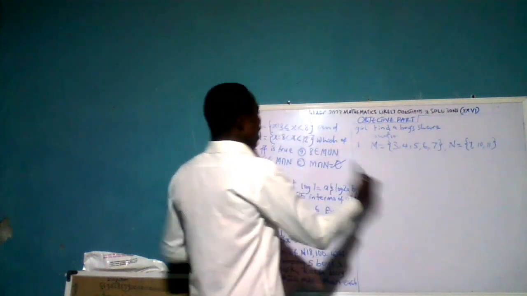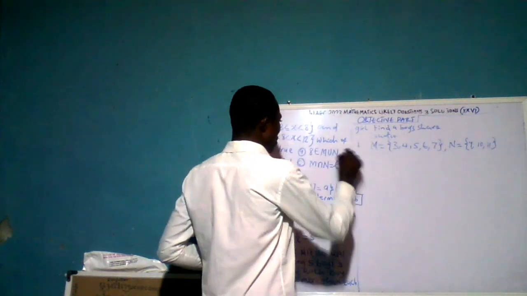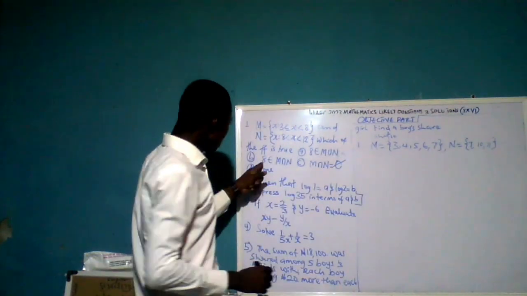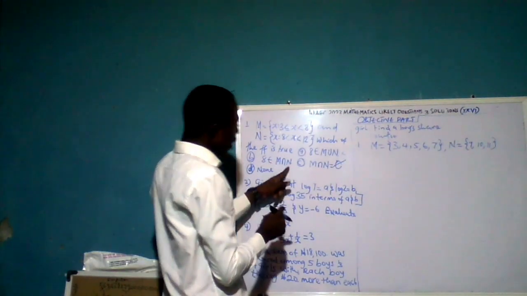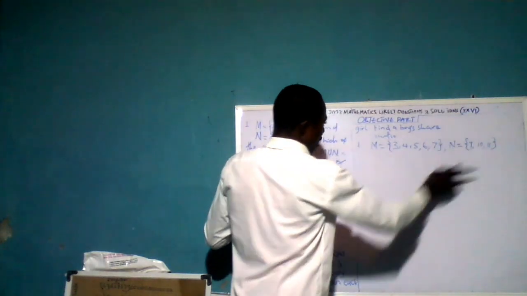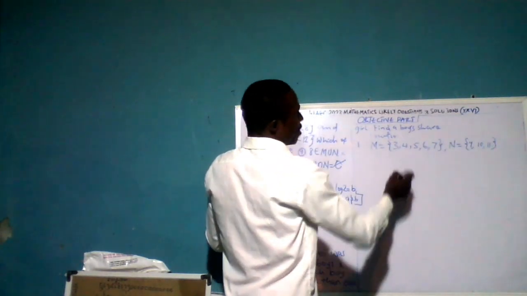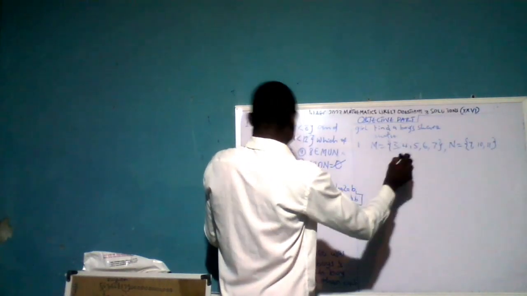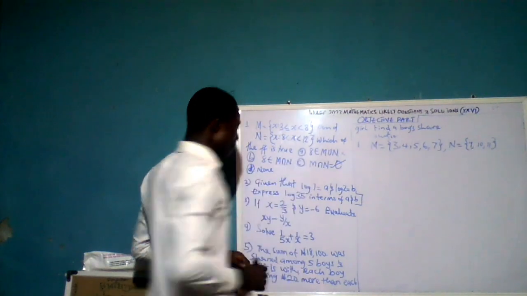There's no way 8 can be an element of M union N, so this is out straight away. Do we have 8 as an element of M intersection N? There's no 8 here, there's no 8 here. Therefore, this intersection can never give any set of which 8 is an element, so this is not part of it.